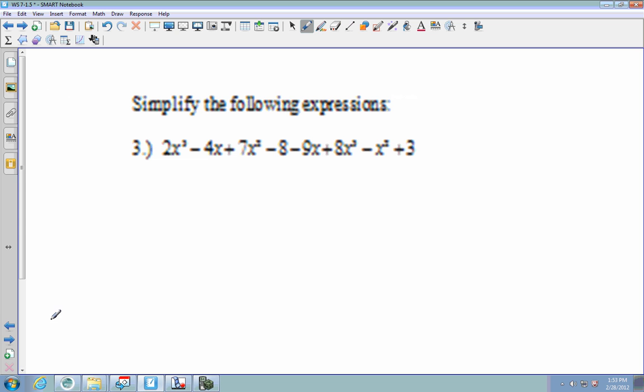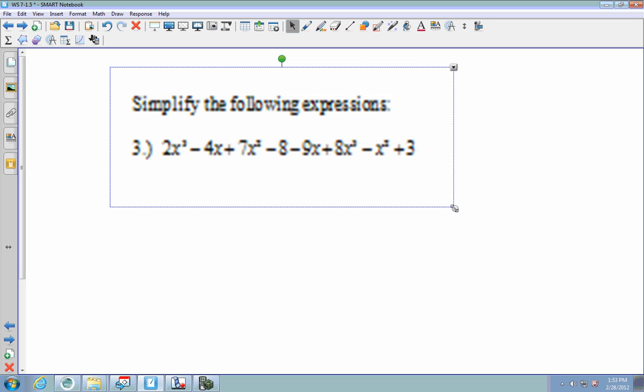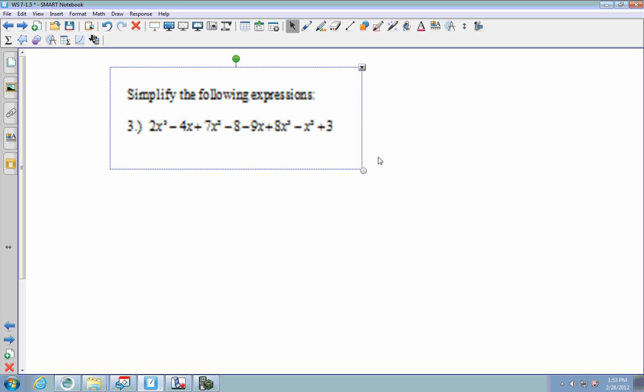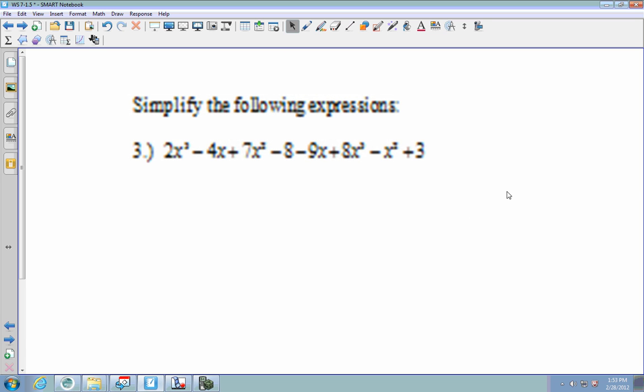Next, it says simplify the expressions. Looks like these are my cubed ones right there, so I get 10x to the third power.